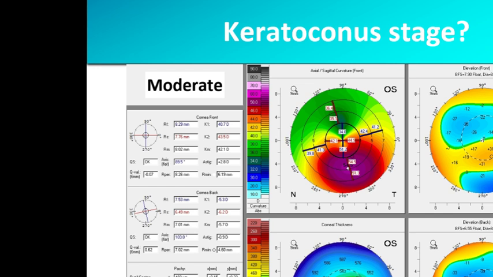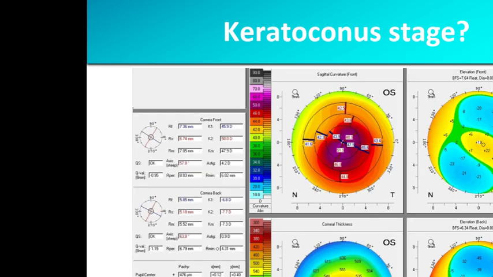So this patient is suffering from coma more than this one, because coma happens because of the difference of gradient power between upper and lower, or between temporal and nasal.